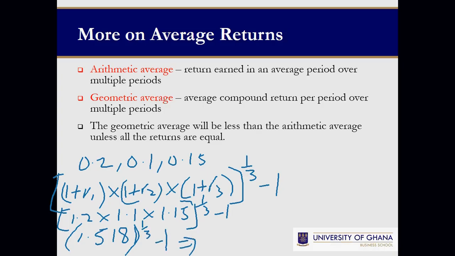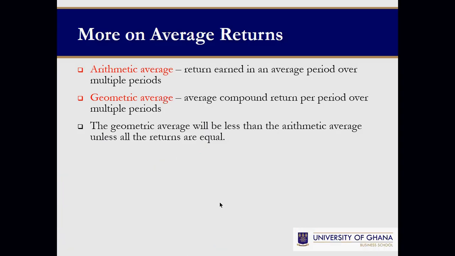If I extend it, I'm getting 1.149, minus 1, and I'm getting 0.149. It is almost equal to the 15% that we did the first time, but you see how this is a bit different. All right, so let's move on.